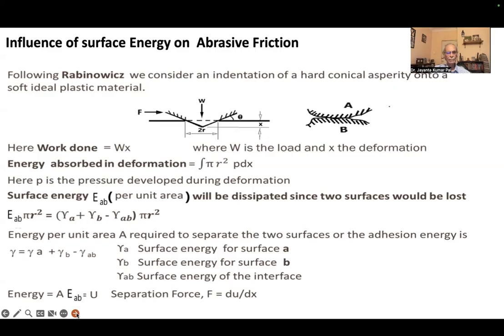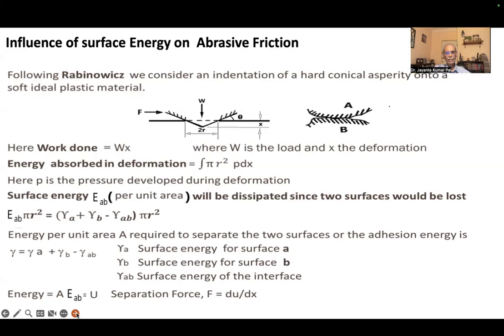Now here, the work done is obviously W times X. W is the load and X is the deformation. And energy absorbed in deformation is pi r squared P dx. P is the contact pressure.